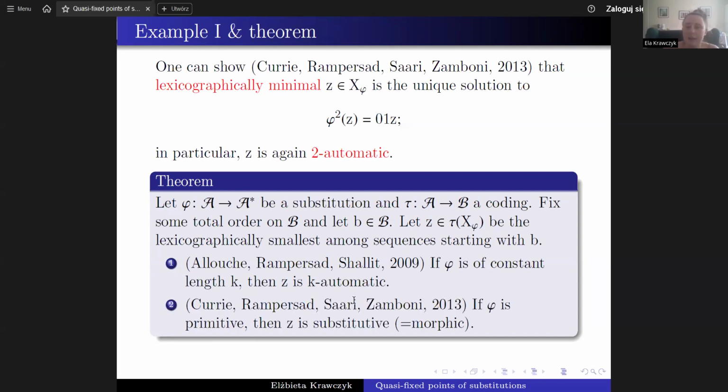A few years later, Currie, Rampersad, Saari, and Zamboni showed that this also holds if the substitution is primitive. Then, of course, you cannot hope to show that it is automatic, but you show that this lexicographically smallest sequence is substitutive.